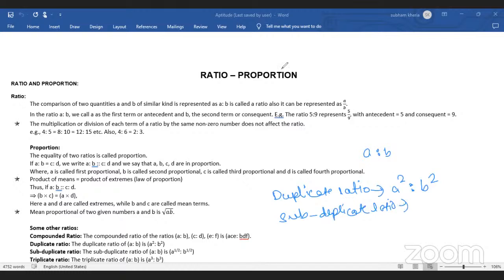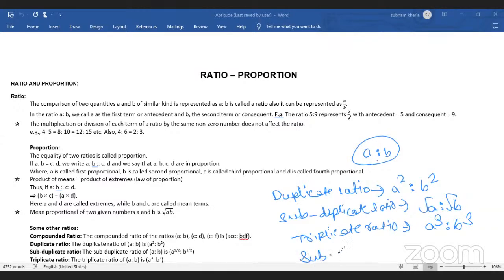Very easy. Root, very good. That is square root, so root A is to root B. If a ratio A is to B is given, its duplicate will be square and its subduplicate will be root. So triplicate will be what? Cube. So easy, right? And similarly, subtriplicate will be cube root.